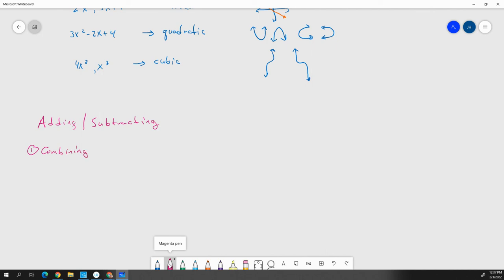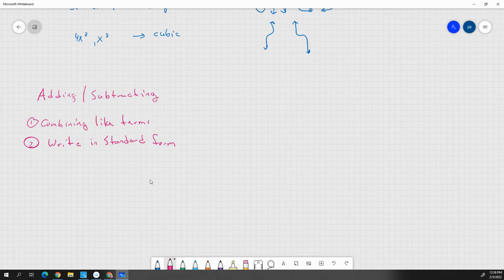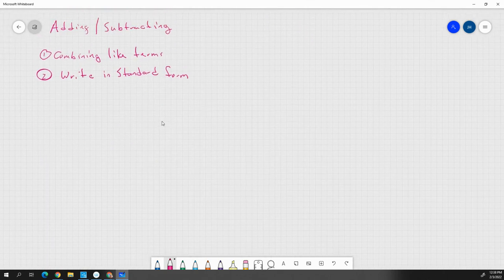Combining. And writing them in standard form. Right? So we're going to look at some problems. I'm going to show you how they work.